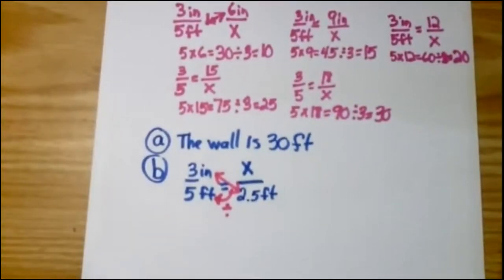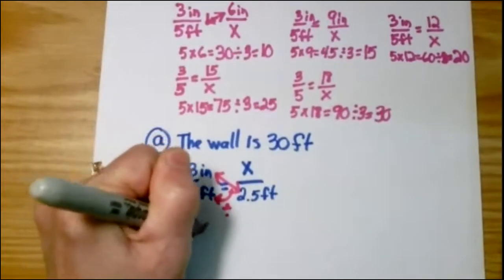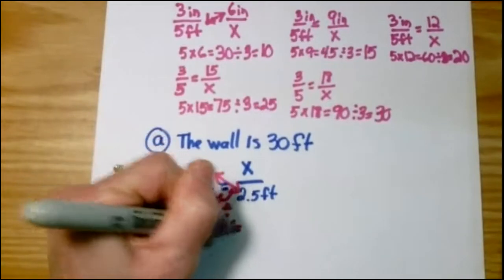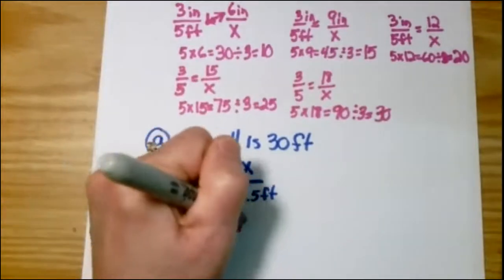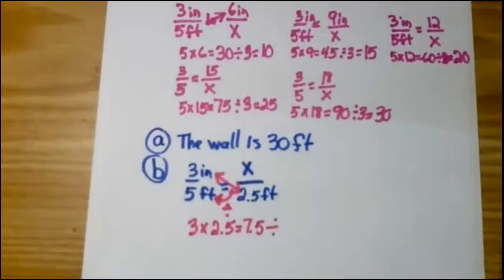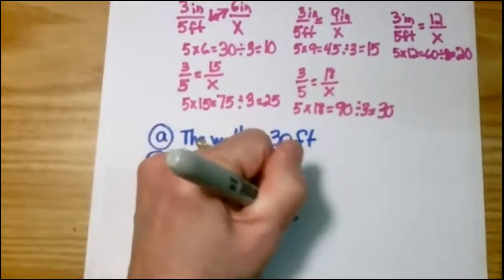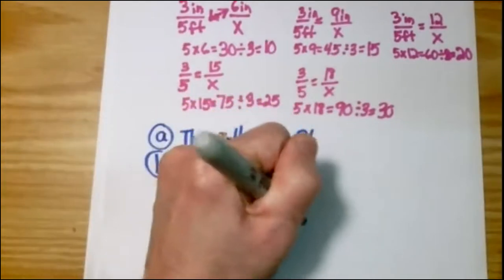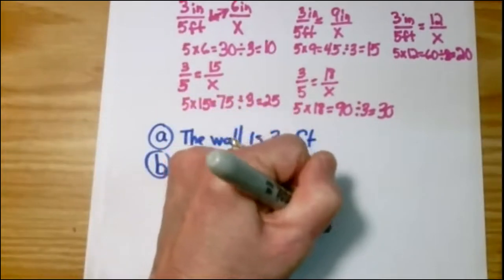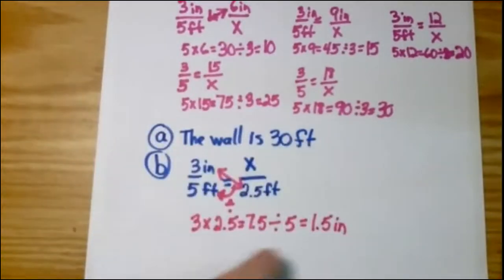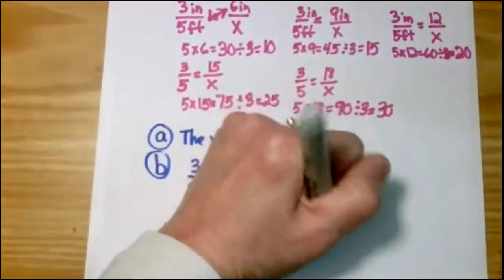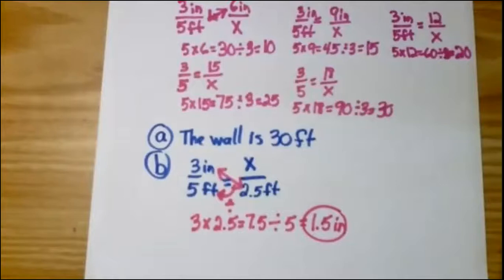So we have 3 times 2.5, that's 7.5, and we're going to divide that by 5. 7.5 divided by 5 is going to give you 1.5 inches. Why did I say inches? Inches goes with inches. We're trying to figure out the scale size. So that's the answer to number 1B. Pause it if you need to. We'll be right back on number 2.